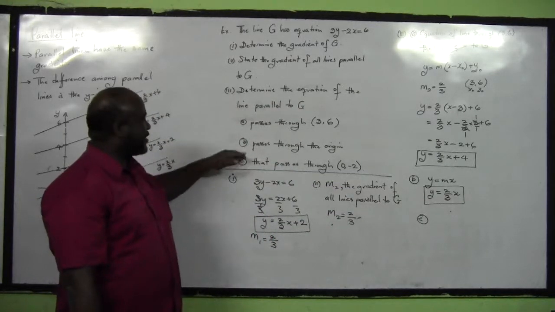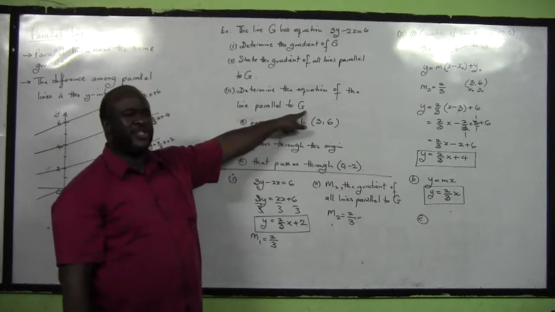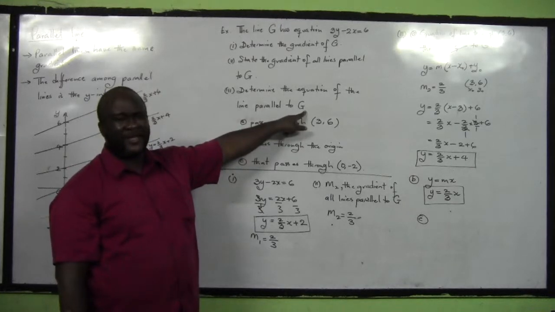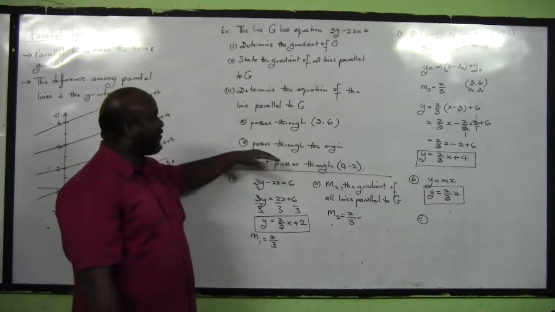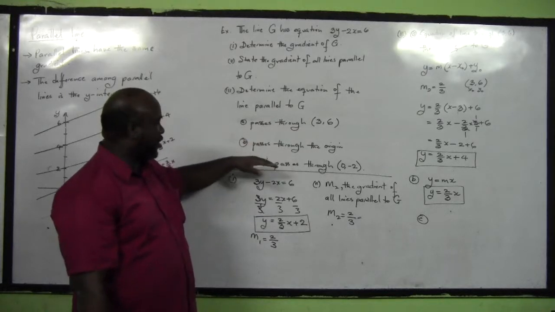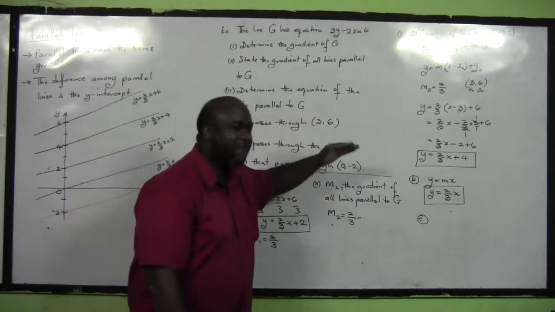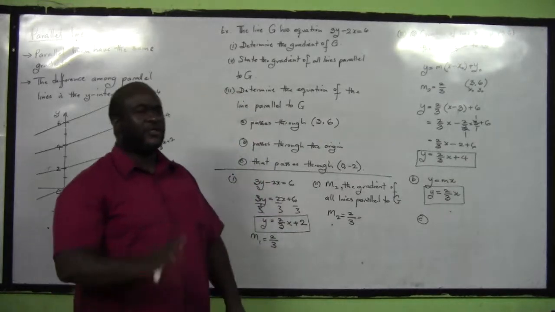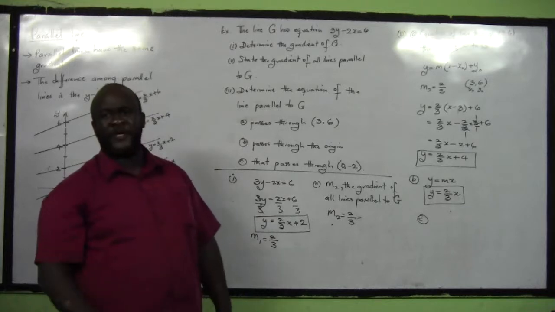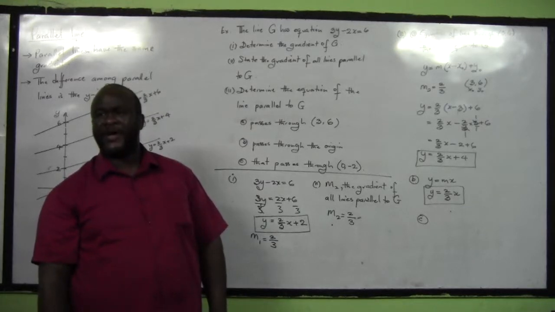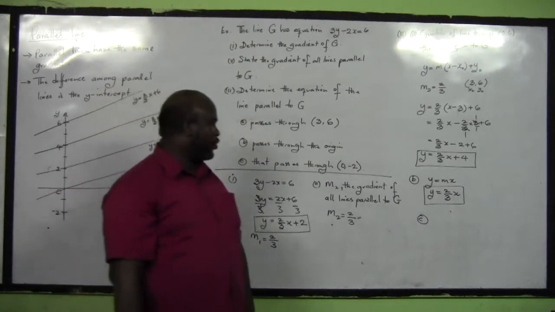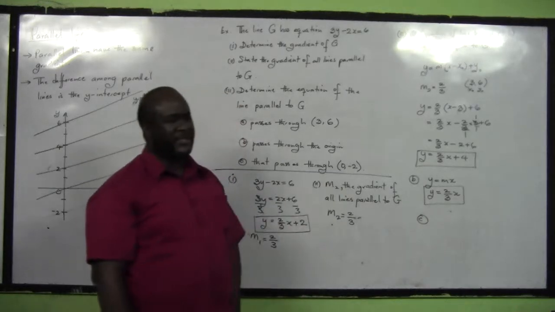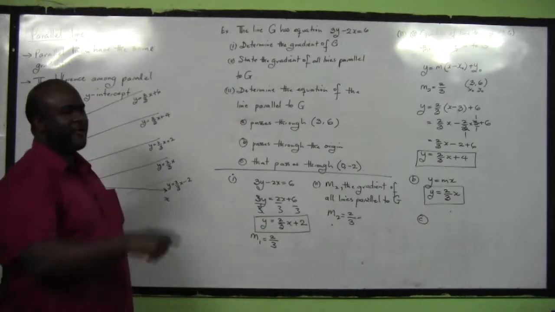In all 3 instances, the line is parallel to G. So whatever is the gradient of G, it's the gradient of the line at A, the line at B, and the line at C. So I know the gradient. I need one more thing for the equation of the line: the y-intercept. Could you look at this and tell me what the y-intercept is? Minus 2. Very good.